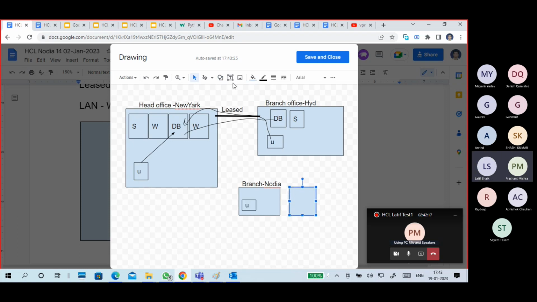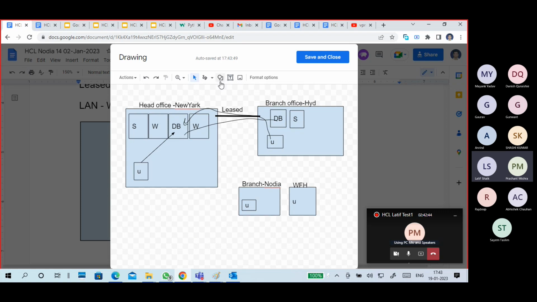Or I'm working from home. Work from home has now become a well-known word. Here also we have a user. He also wants to connect to this infrastructure.